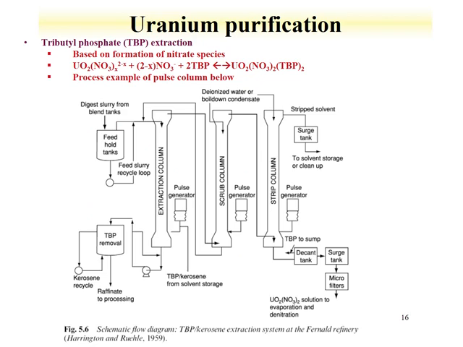Here's an example of uranium purification by solvent extraction, similar to the tributyl phosphate extraction that was done in the laboratory. Except in this system, a pulse column is used. In these columns, for instance, we would have a feed tank that would hold the solution containing the uranium, and a column with tributyl phosphate.